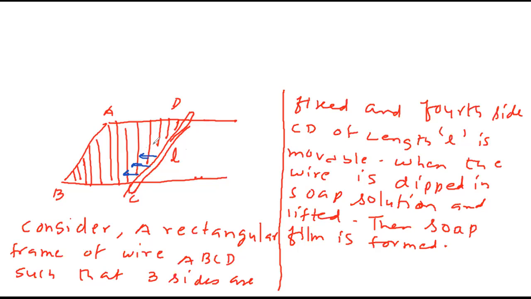That means force due to surface tension will try to contract the film, because on this side the molecules always attract. Air has no such strength, so it will try to pull it inward by force due to surface tension T, and that force is T into total length in contact, where T is surface tension.